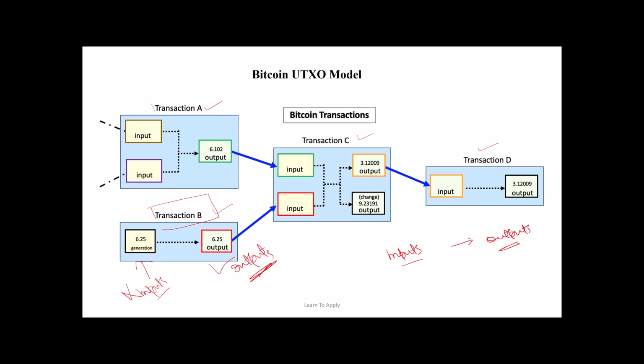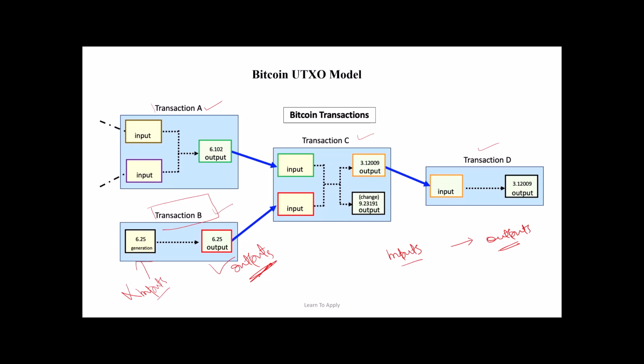This is a special transaction and the only way through which new Bitcoins are created. So no input is required, and this is the way to increase the supply of Bitcoin. But we have also seen that the supply is fixed. It will be only 21 million, and 2140 is the year when the last fraction of Bitcoin will be mined.